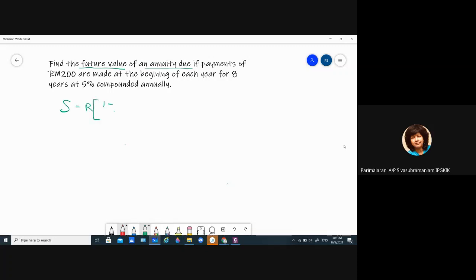One is 1 plus i to the power of n plus 1, minus 1, over i, minus R. The other formula is S equals R times 1 plus i to the power of n minus 1 over i, times 1 plus i.